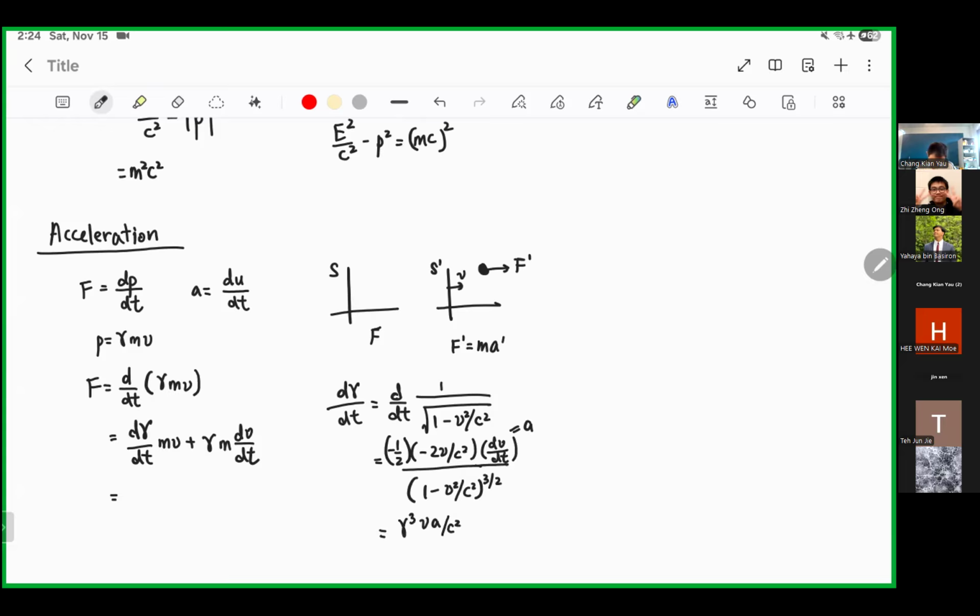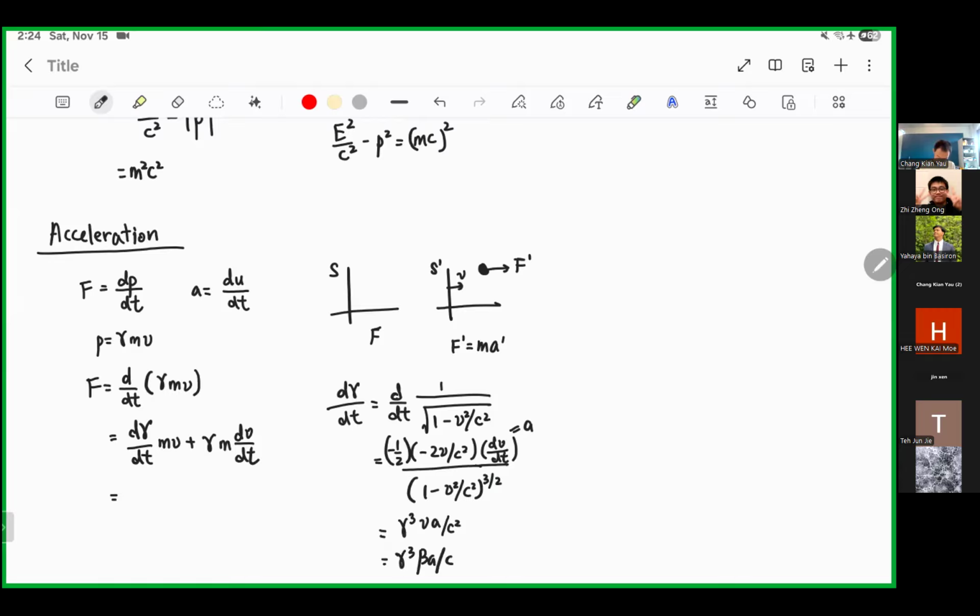Do the units make sense though? I guess they're okay: gamma cubed beta a divided by c.